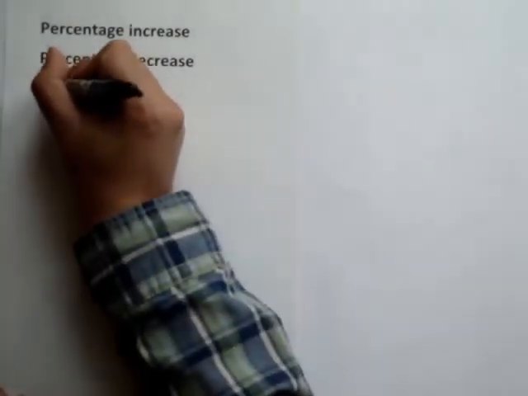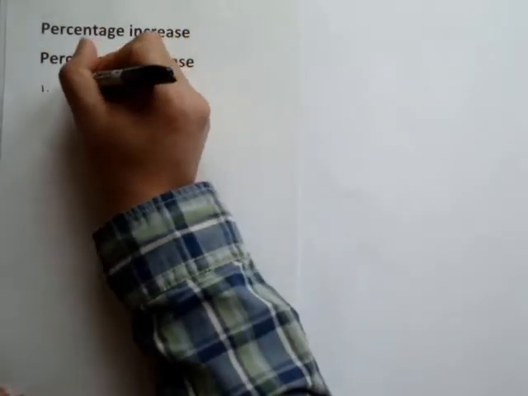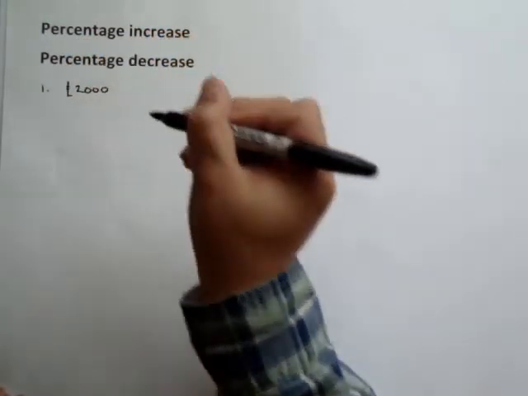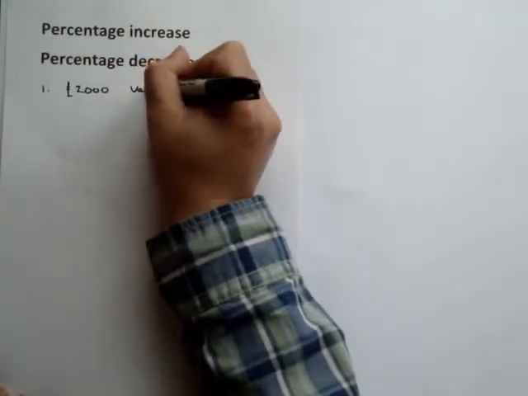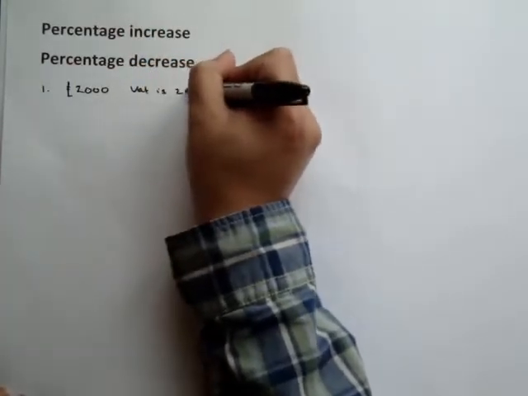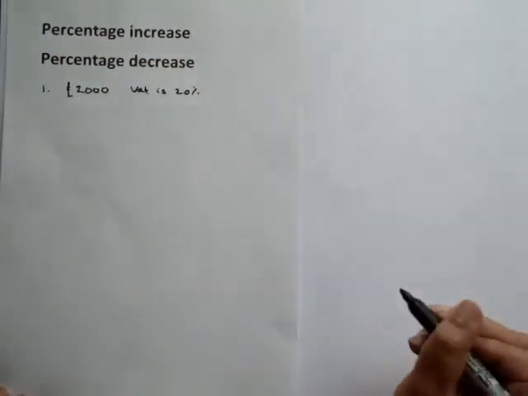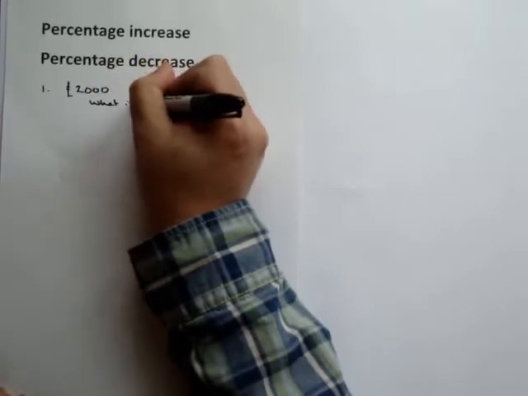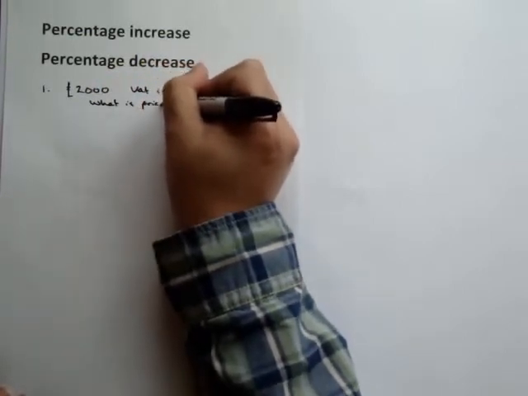This is a very easy method for percentage increase and percentage decrease, and it uses scale factors or ratios. We'll do a few different ones. So first, we have something for £2,000 and VAT is 20%. What's the price plus VAT?